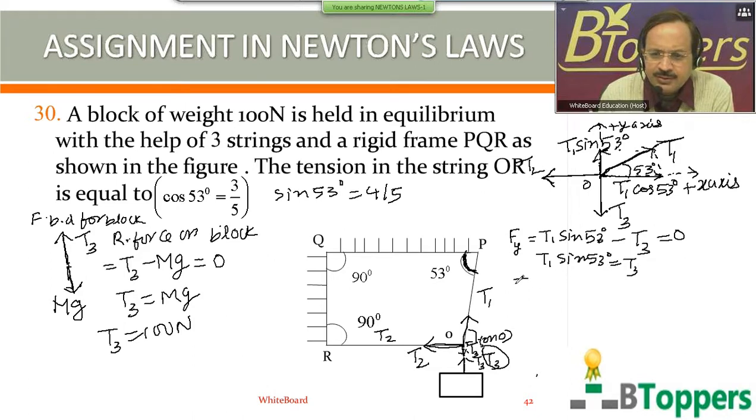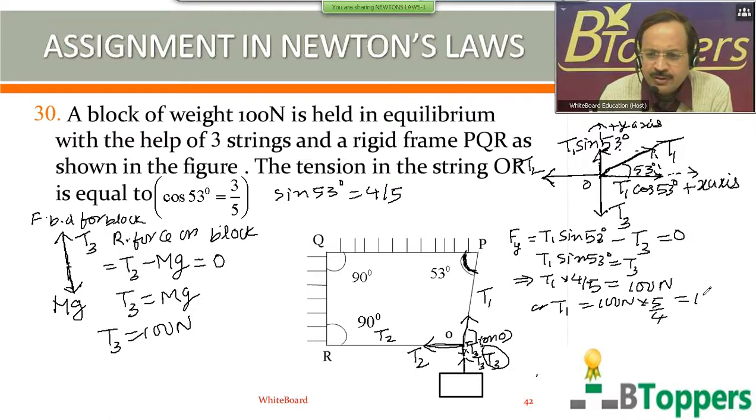So you can substitute sin 53 degrees equal to 4 by 5 on the left side, and T3 equal to 100 newtons on the right side. So from this you get T1 equal to 100 newtons into 5 by 4, or 125 newtons.